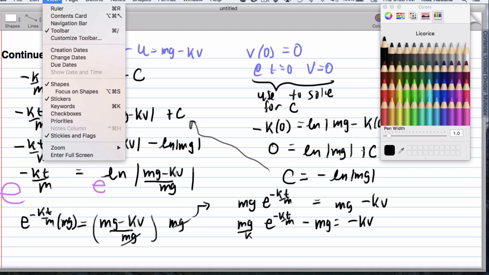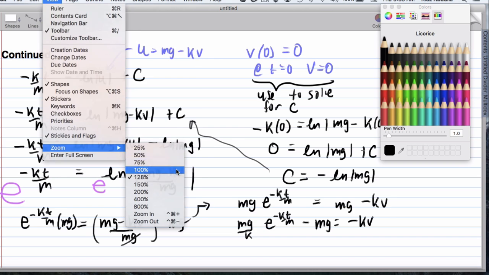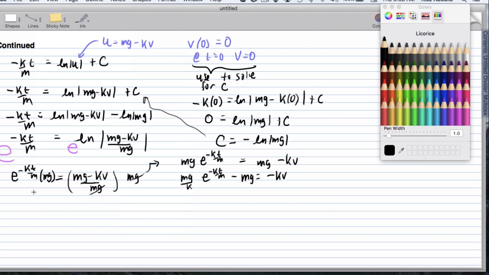We're almost there. I'm going to factor and simplify just a little bit more. When I do that, I end up getting mg over k, times 1 minus e to the negative kt over m, equals v as a function of time.